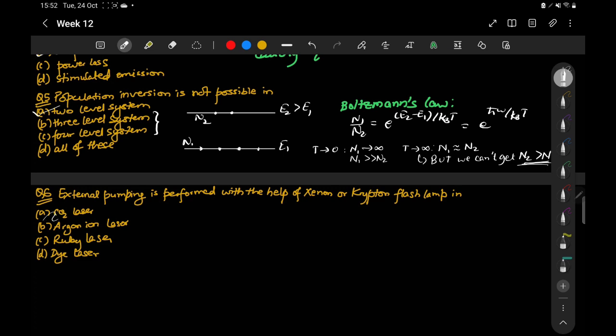So the correct answer is ruby laser. And what do we mean by pumping? So pumping means to pump atoms or to send atoms to a higher energy level to create the situation of population inversion.